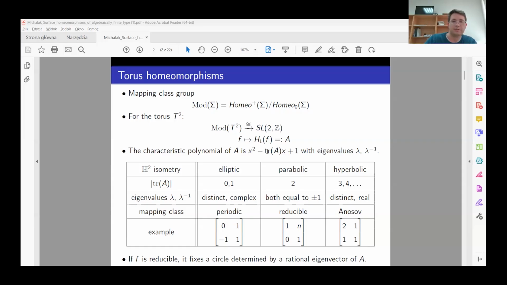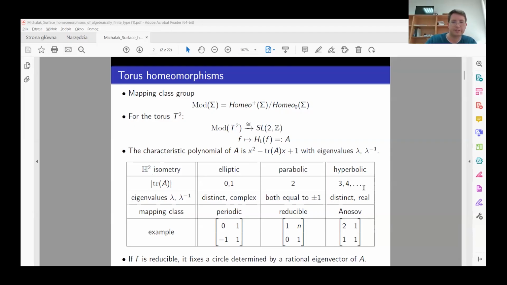Using these matrices, we can define the known Möbius transformations of the hyperbolic plane, and using this action, we can classify them into three families, called elliptic, parabolic, and hyperbolic transformations.